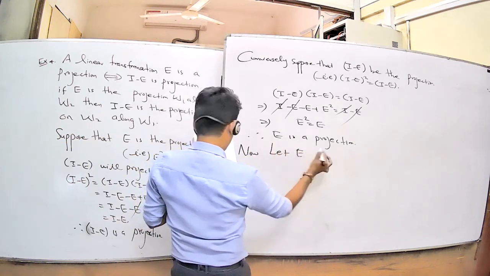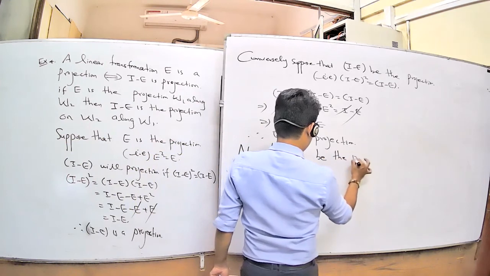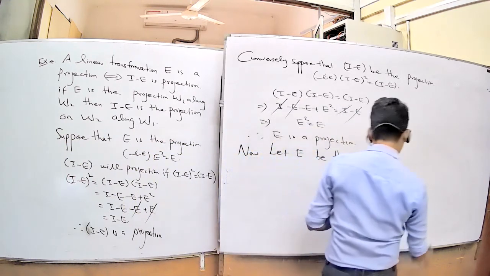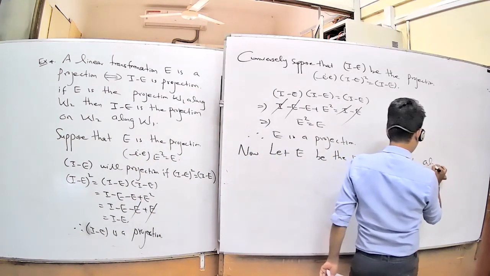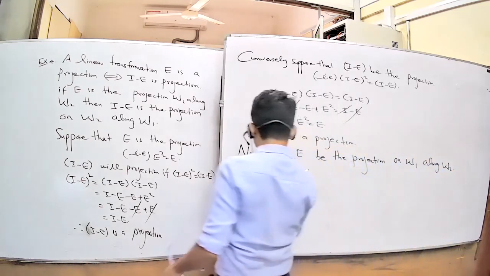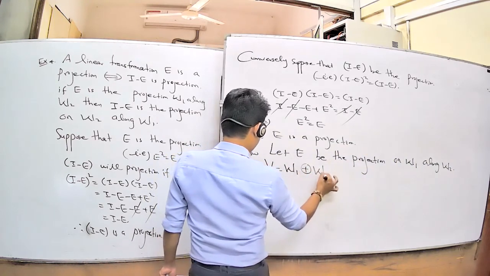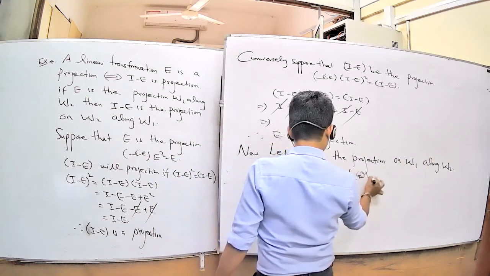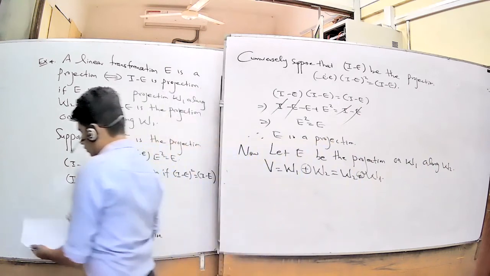Let E be the projection on W1 along W2. Here the direct sum condition is satisfied: V equals W1 direct sum W2. We can write this as W2 direct sum W1, both are the same.